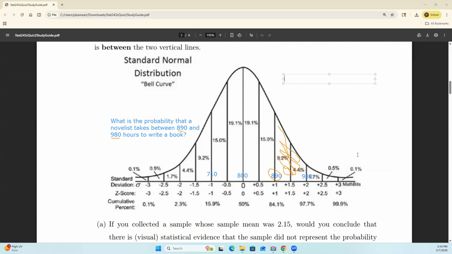So it's going to be 13.6%. I'm going to convert it to decimals just to continue emphasizing how decimals are used in probability. And so that's going to be 0.136, right? Thank you to people who are good with doing mental arithmetic.